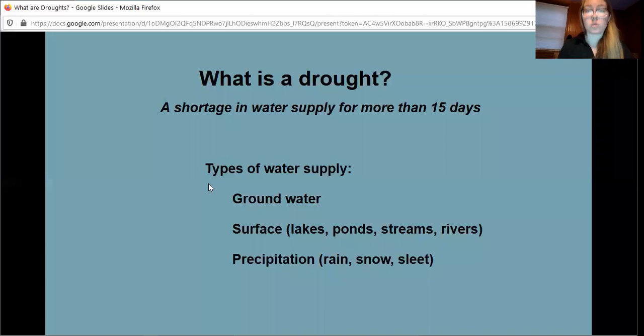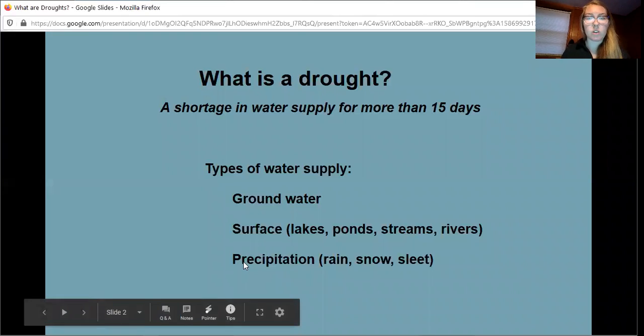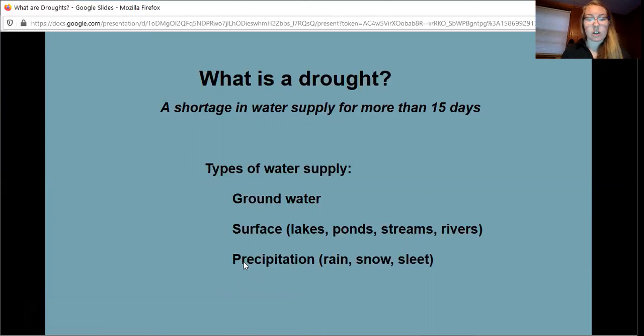So there's actual water in the ground, in the earth, that we can tap into and use. Or there's things like surface water. So those are our lakes, our ponds, our streams, and our rivers. And precipitation is the most important because that sustains all of those. And that means that keeps the water continually existing in those places, right? So if we go more than 15 days without any rain, then we would be considered in a drought.